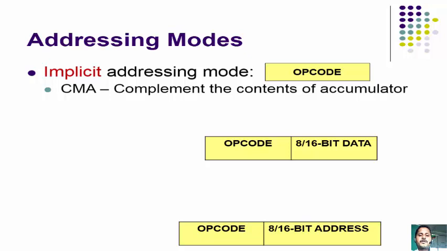All the instructions under this implied addressing mode are 1 byte instructions, and you get only one opcode for each instruction. One example given is CMA, complement the contents of the accumulator. After the complementation of the accumulator content, the result you will again get in the accumulator itself.